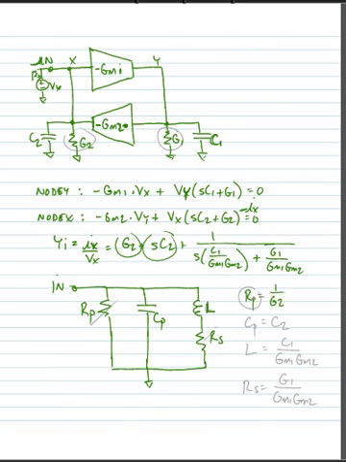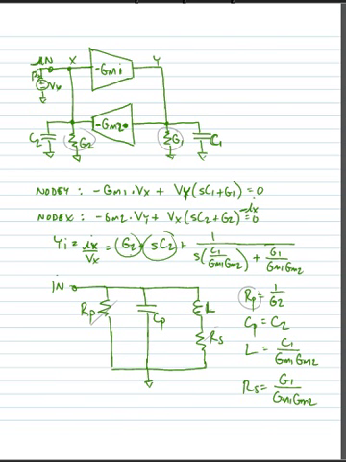C sub P would be equal to C2. L would be equal to C1 divided by GM1 GM2. And RS would be equal to G1 over GM1 GM2.